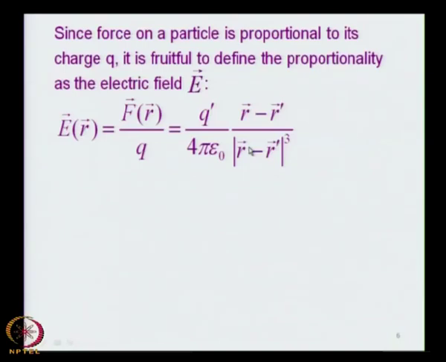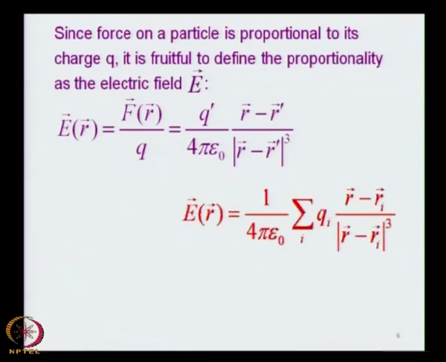So, it goes as the product of the two charges, but the test charge is now normalized to unity in our system of units, and then you have once again the statement of the inverse square law, but normalized to the test charge being of unit magnitude in our system of units.